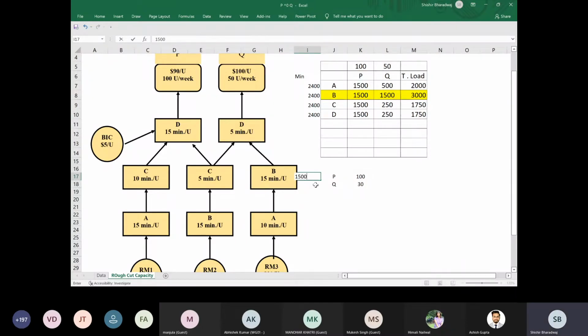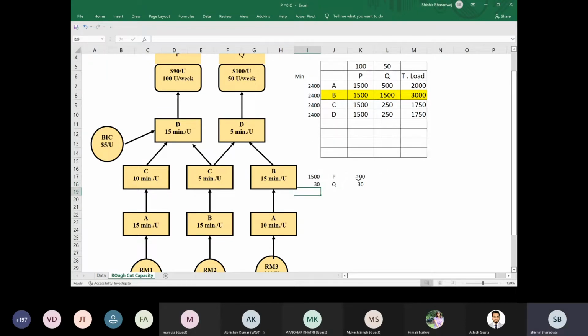I'm left with 900 minutes. Every unit of Q on B takes 30 minutes, so I can only make 30 of Q.